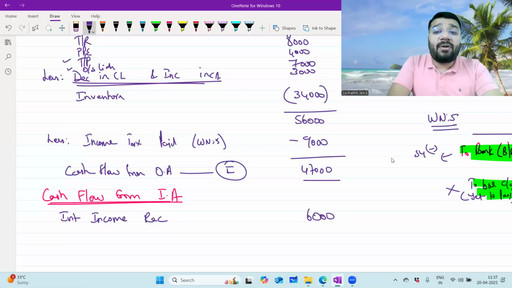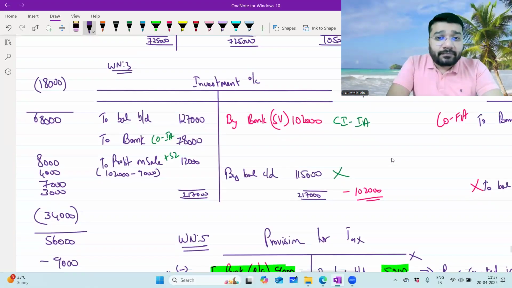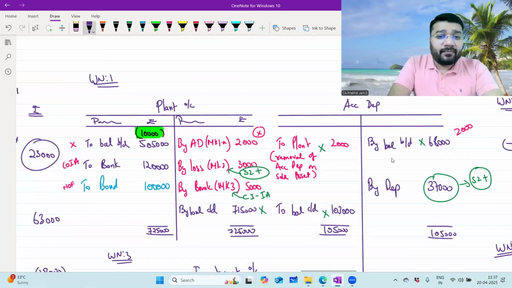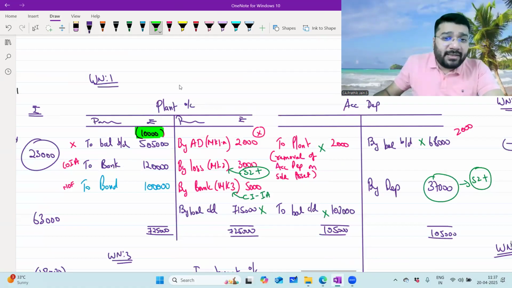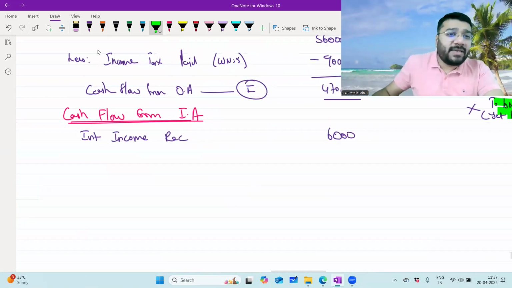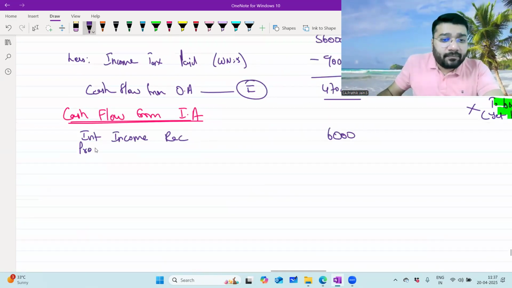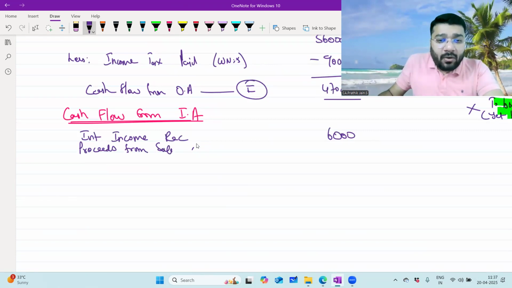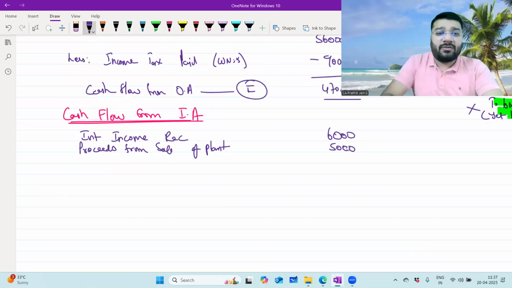That information will come from the plant ledger. Plant ledger, how much? By bank, 5,000 money received. This is the money received. Proceeds from sale of plant, 5,000.